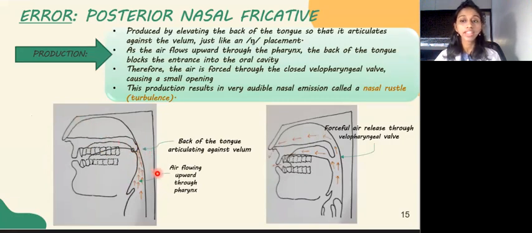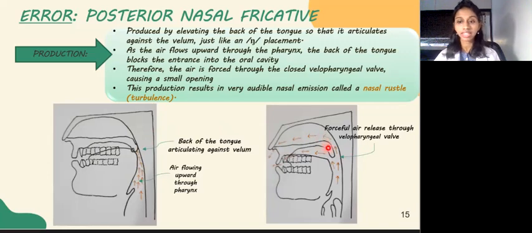Therefore, the air is forced through the closed velopharyngeal valve, causing a small opening. This production results in a very audible nasal emission called a nasal rustle, which is turbulent and noisy in nature.